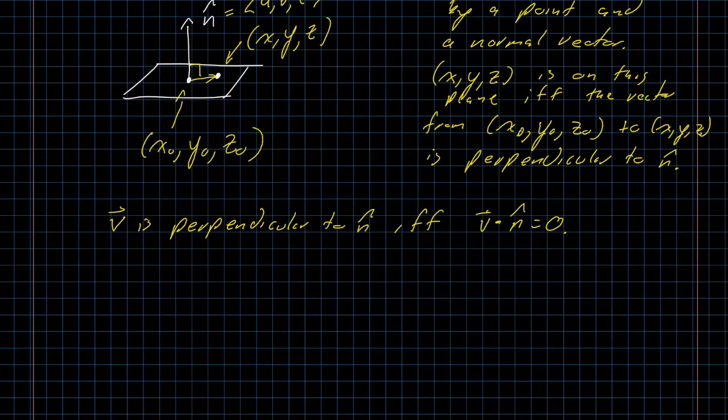And we know, given 2 points, that the components of this vector are the difference in the x-coordinates, the difference in the y-coordinates, and the difference in the z-coordinates.